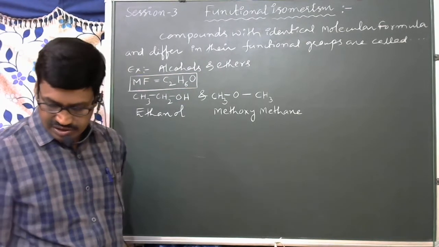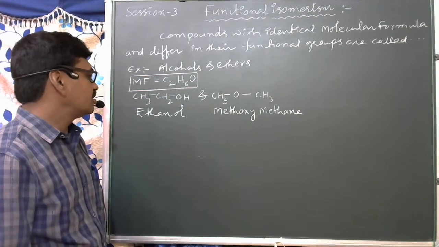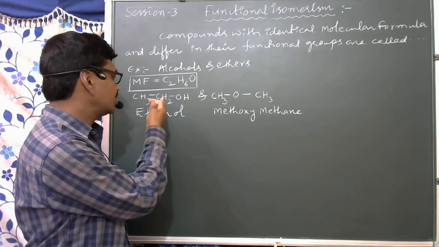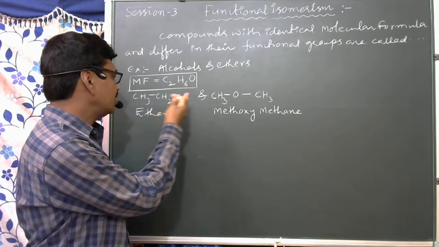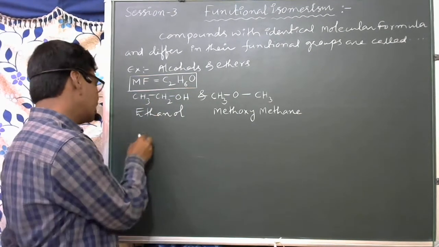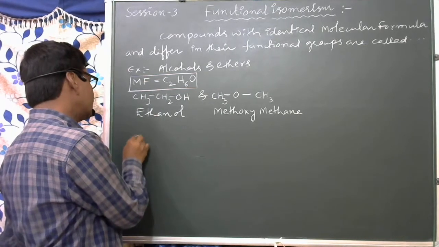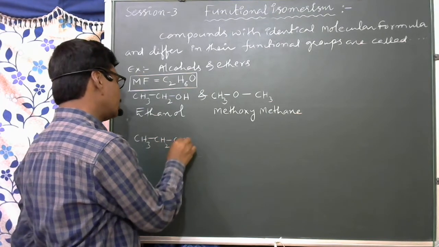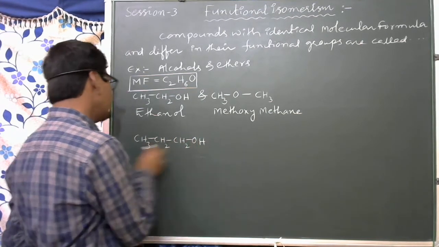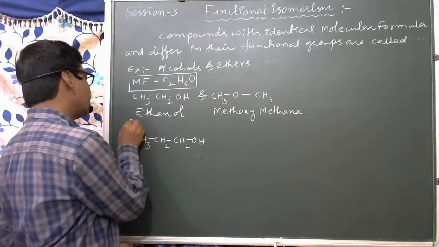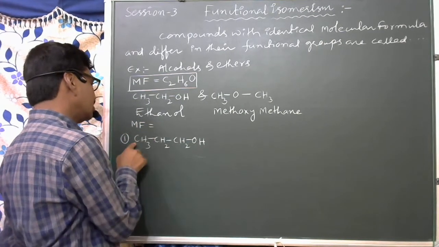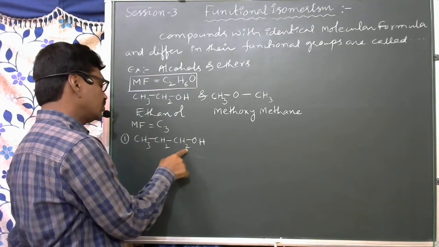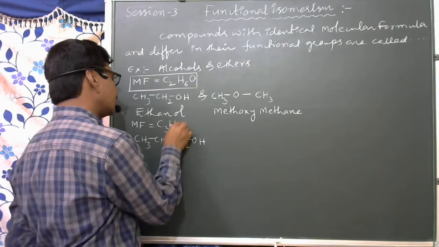So one more example, many compounds like these we can take. This is ether and alcohol. Here for the same I am writing one more, CH3CH2CH2OH. One compound I am writing here. For this molecular formula, C3, 3 plus 2 is 5, 5 plus 2 is 7, plus 1, H8 and 1 oxygen.